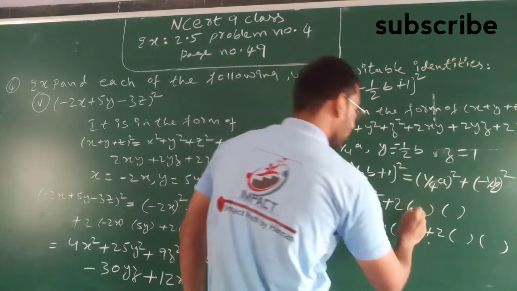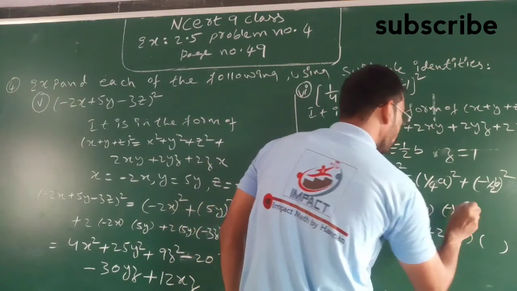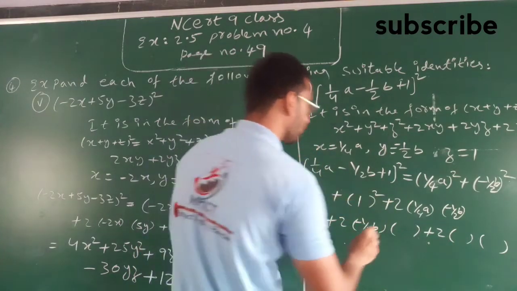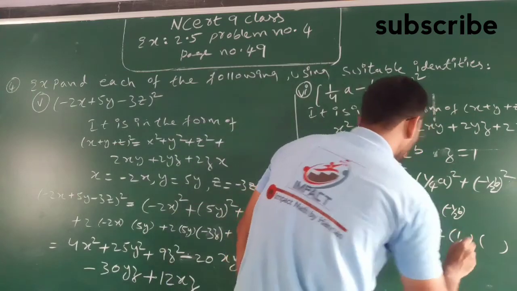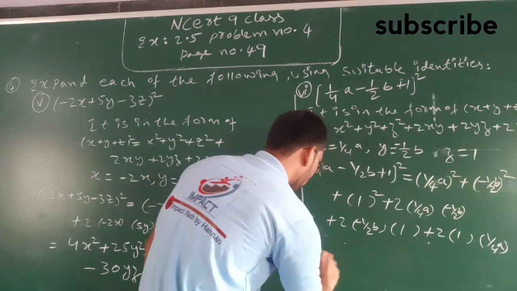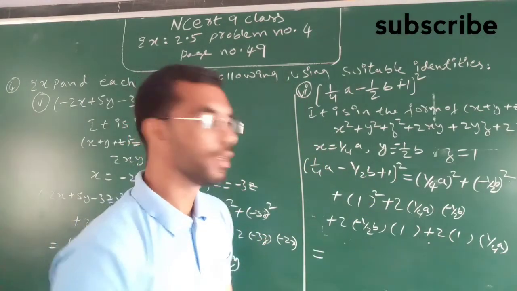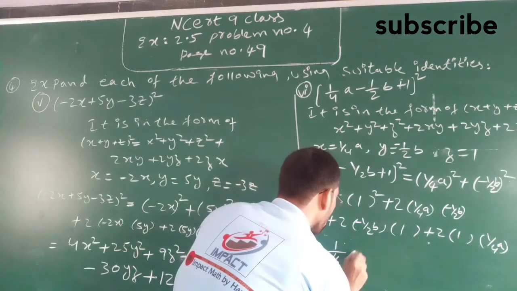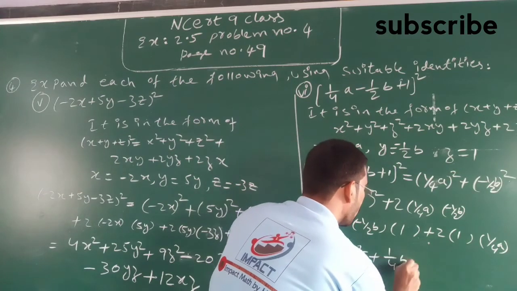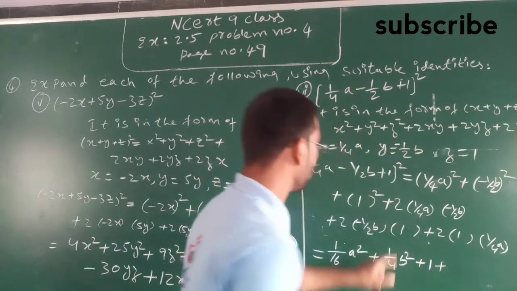Next 1 by 4 a into minus 1 by 2 b, next minus 1 by 2 b into 1, next 1 into 1 by 4 a. Now 1 by 4 a square will become 1 by 16 a square plus 1 by 4 b square plus 1.